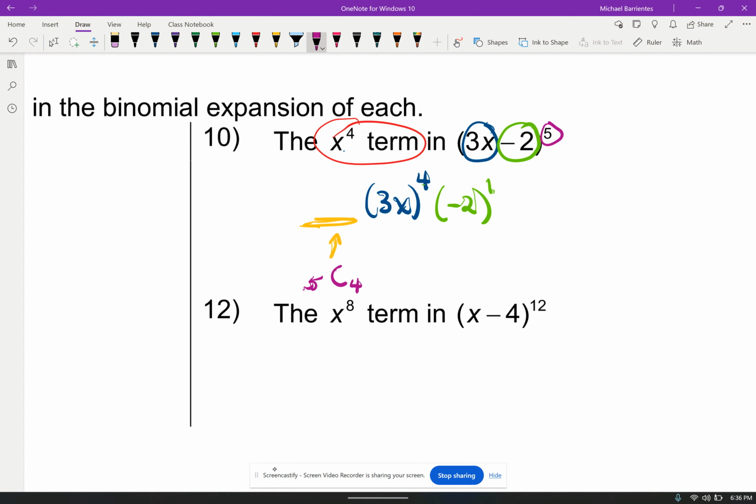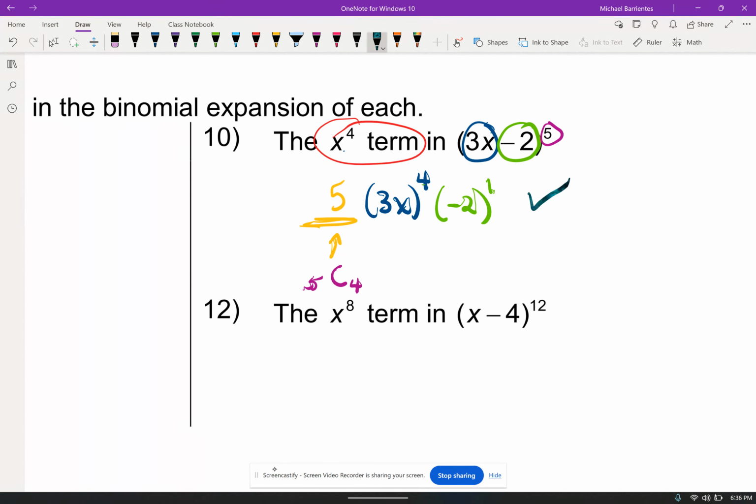By the way, if I plug a 1 in here, I should also get the same answer. 5 choose 4 is going to give me 5. Oh, let me use the yellow color here. This is not simplified, but this gets us to where we want to go today. How do I know that this was it? Oh, because I wanted x to have a fourth power.